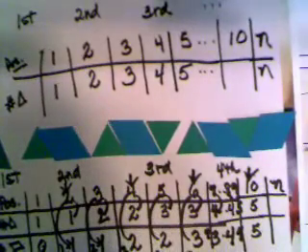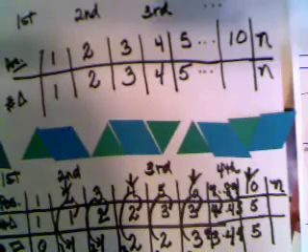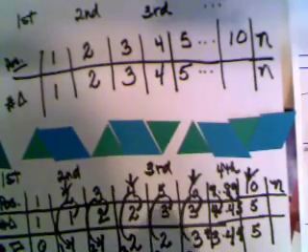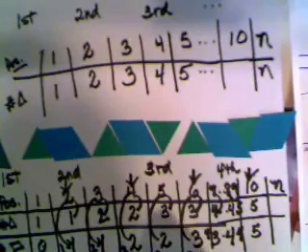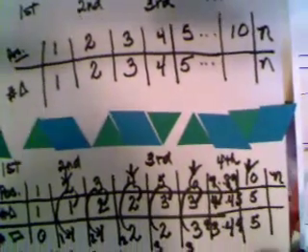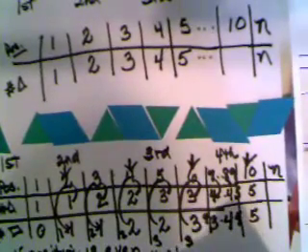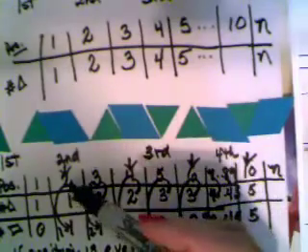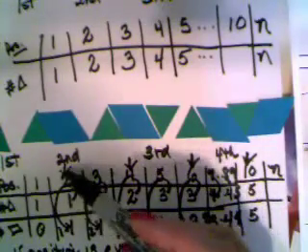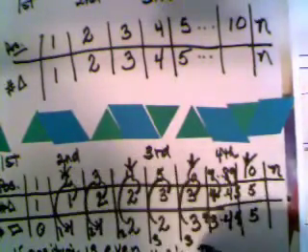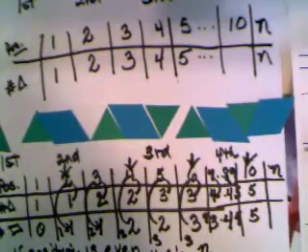So we could say if the position is even, the number of triangles is half the position.